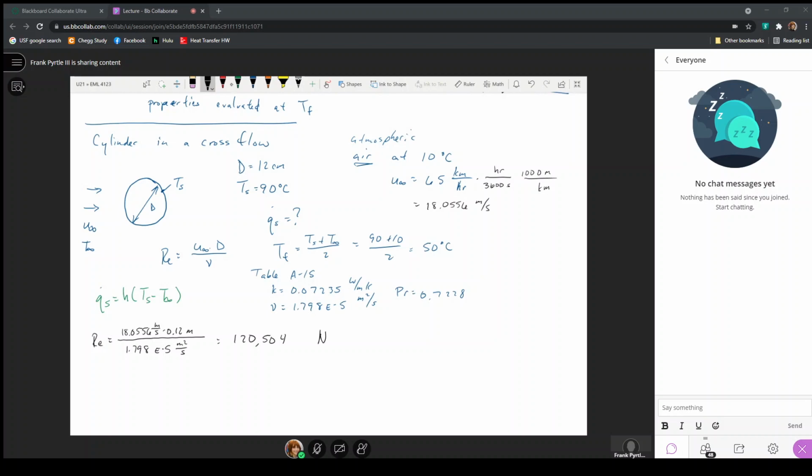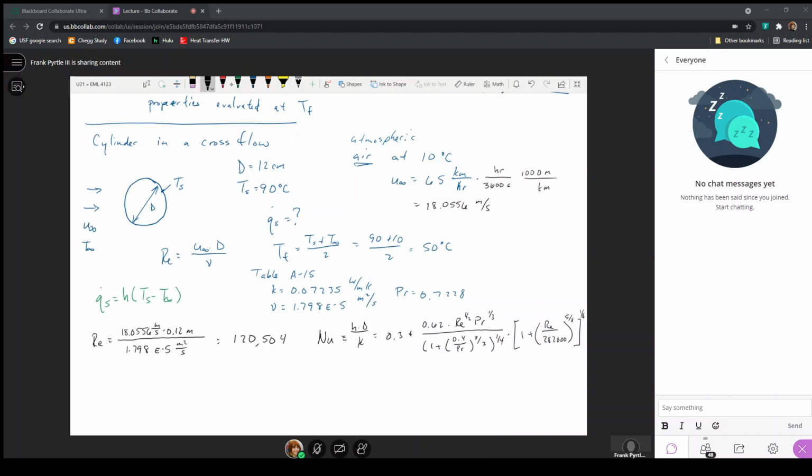So here, this Nusselt number, which I'm going to write first defined as h times D over k, is equal to 0.3 plus 0.62 times the Reynolds number to the 1/2, Prandtl to the 1/3, this quantity divided by 1 plus 0.4 over the Prandtl number, this quantity raised to the 2/3, this entire quantity in the denominator raised to the 1/4, times 1 plus the Reynolds number divided by 282,000 raised to the 5/8, this quantity raised to the 1/4.